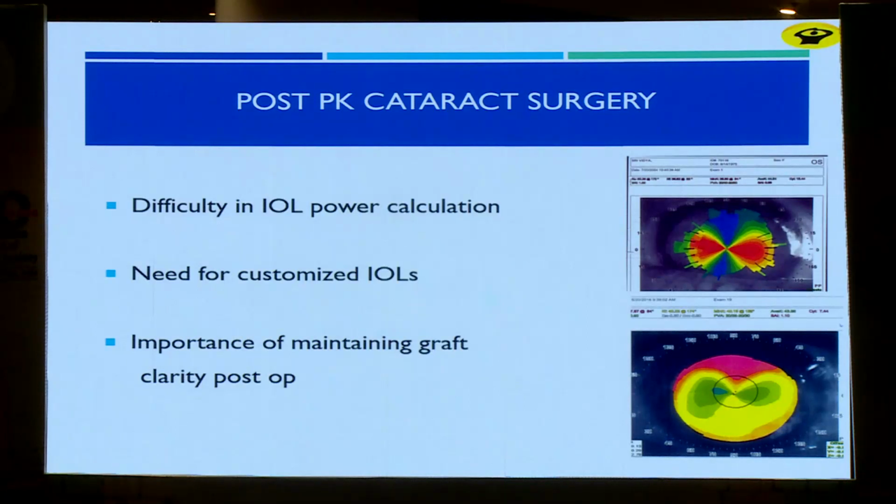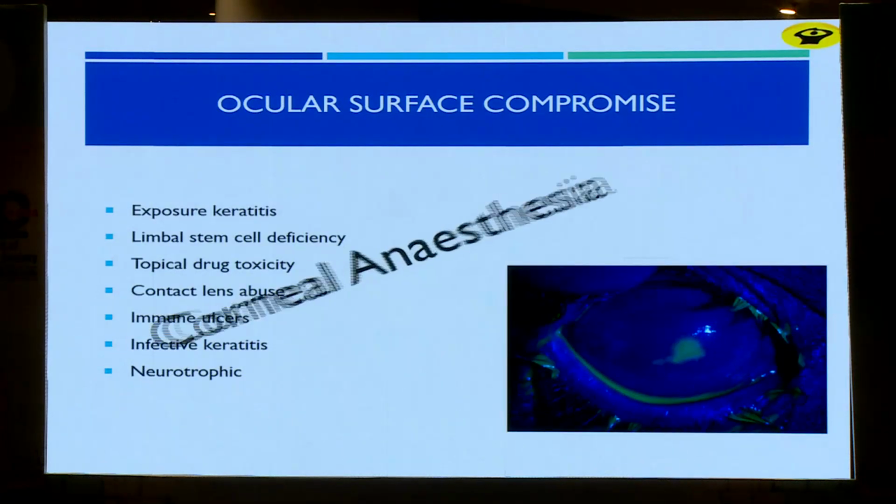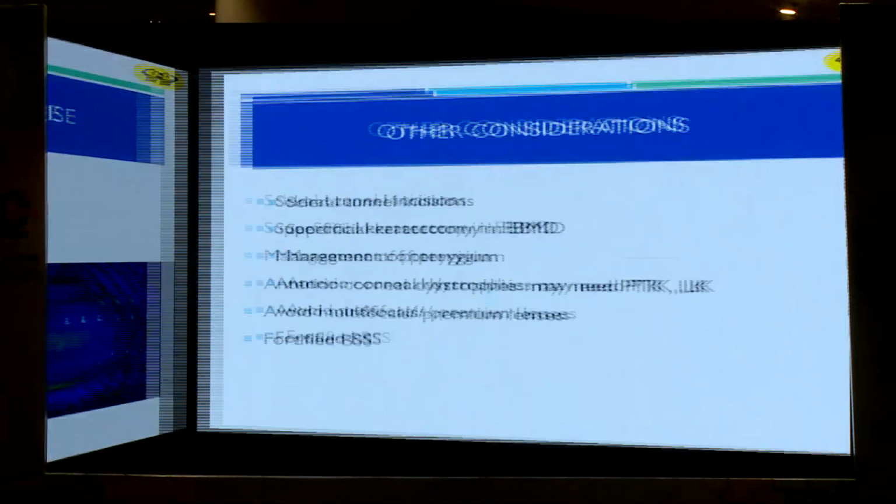The main thing about doing the phaco is whether you are able to get a proper IOL power calculation. If so, I'll say yes, you can go ahead with it. And the need for customized IOLs like toric or aspheric lenses is also based on the corneal topography. As I've told about drug toxicity, one of the main complications is corneal anesthesia, which can lead to neurotrophic keratitis, infectious keratitis or immune ulcers post cataract surgery.